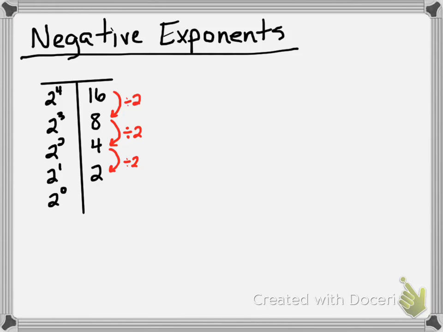So getting rid of an exponent, or lowering the exponent, is just like dividing that number. If we continue this pattern and divide by 2 again, then we end up seeing that 2 to the 0 power is 1. We saw that the other day, and we learned that anything to the 0 power is 1.